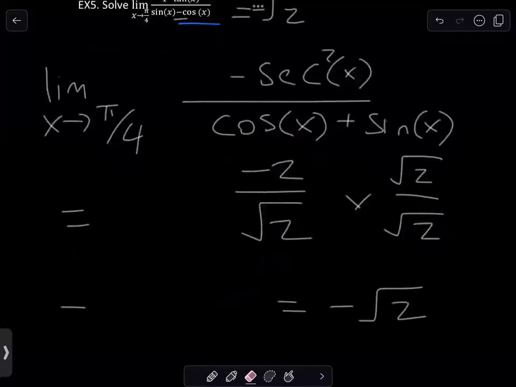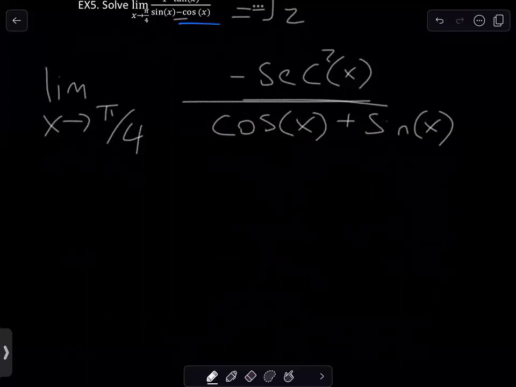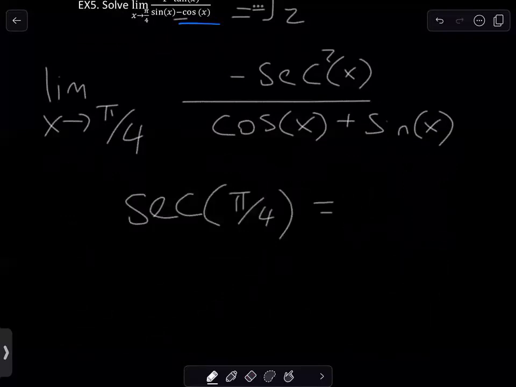Okay, so that's how you handle this example. Just let's go through the negative secant squared x, just in case you don't understand how I got that to be 2 on top. So think about what we have first. We have negative secant squared. Great. Let's work out what secant of pi/4 is. Well, I know that secant of pi/4 is the same as 1 over cosine of pi/4.